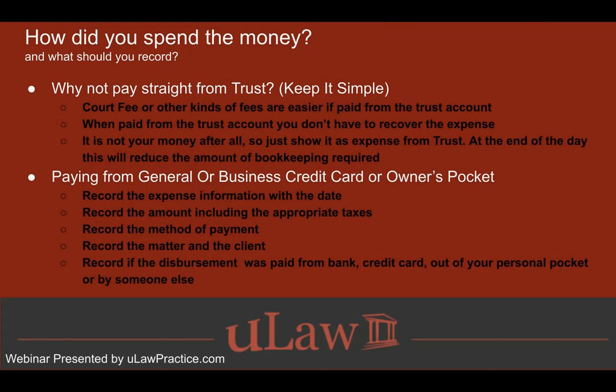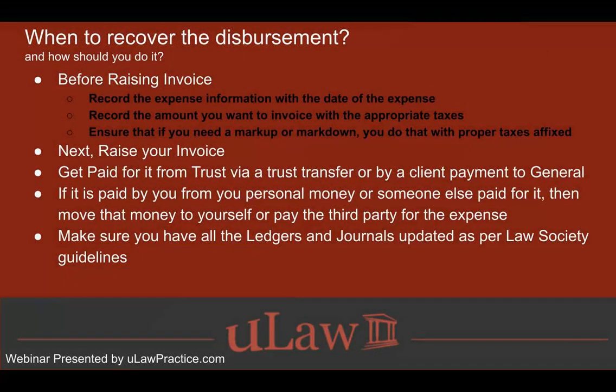Once all of this is done, then you can raise an invoice, pay yourself, and you can go from there. So it is simple again. You're doing from general. It's just that you need to make a note of all of those things like date, amount, before taxes, after taxes, whether it's tax exempt, and other things.